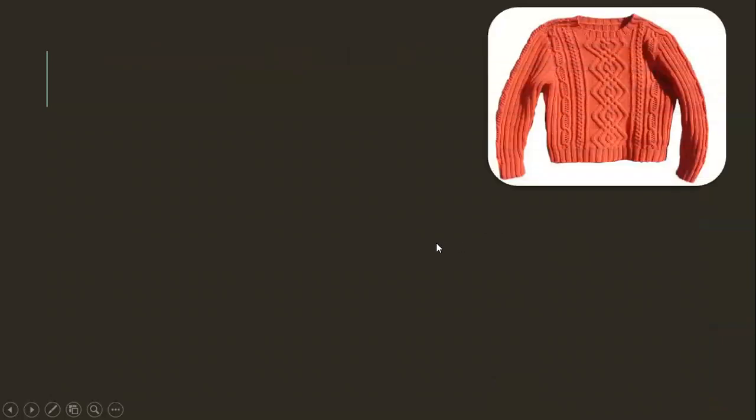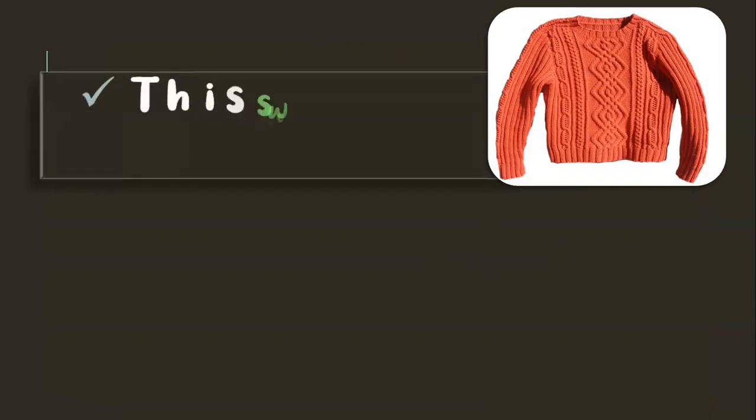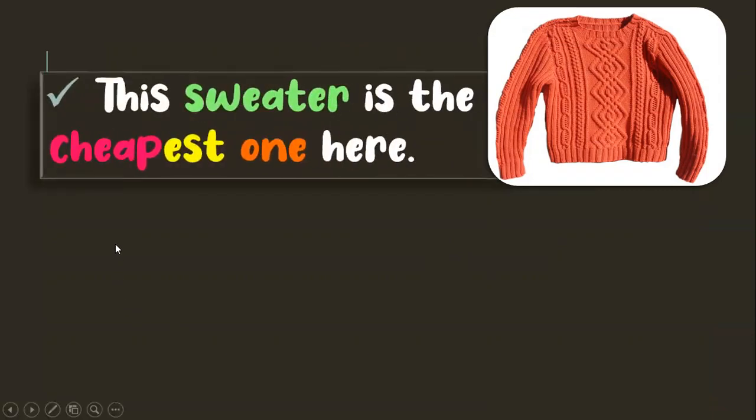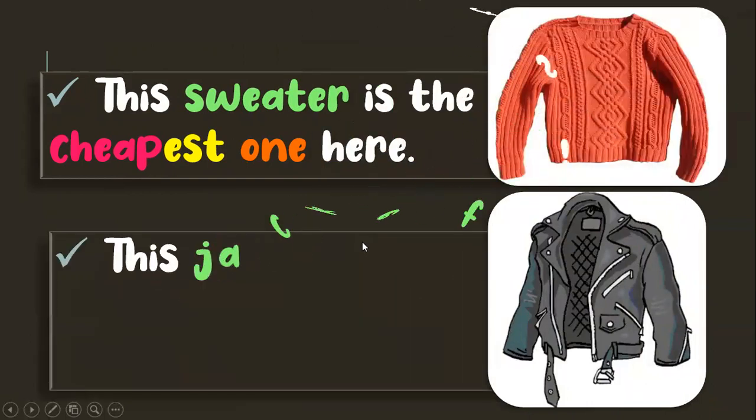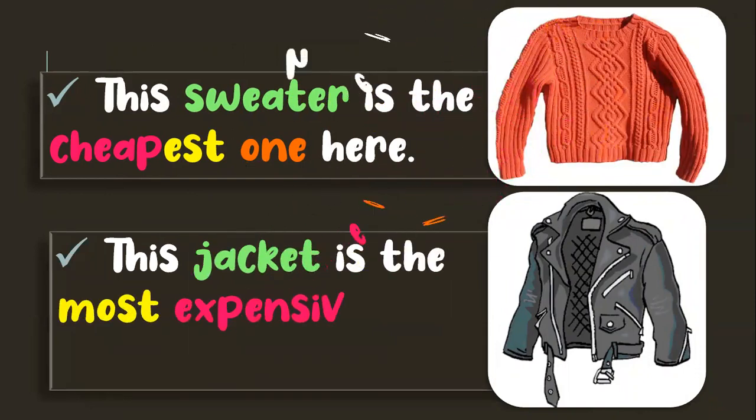Another, that is a sweater. We can say, this sweater is the cheapest one here. Cheapest one here. But what about this jacket? This gray jacket? I can say, this jacket is the most cheapest?